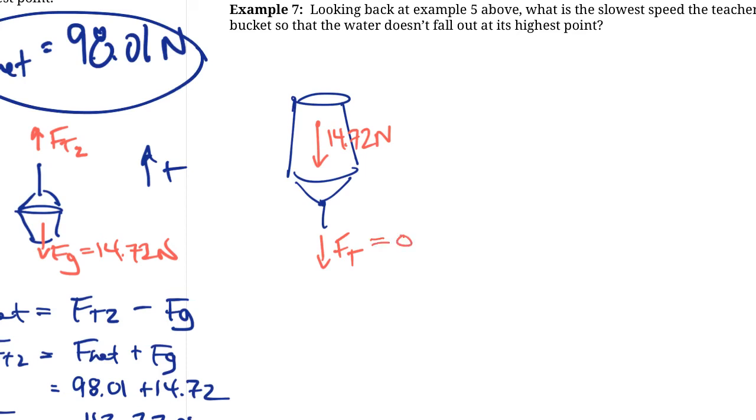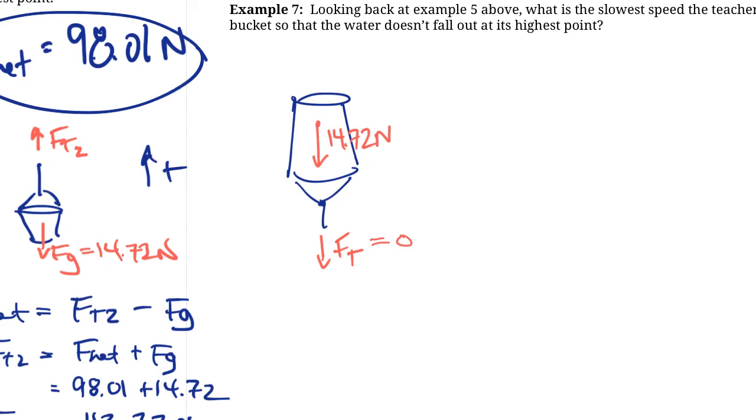If you're swinging this thing around so slowly, at the top of its swing, it's like the rope isn't even pulling it down anymore. It's just making its way over as if it were being tossed through the air. And that's what we want. We want this force of tension to be 0 at the very top. And then as soon as it starts coming down again, the tension will start to increase again. But at the very peak, we want the tension to be 0.